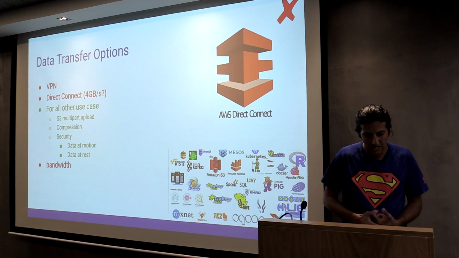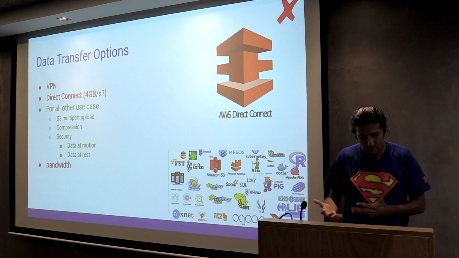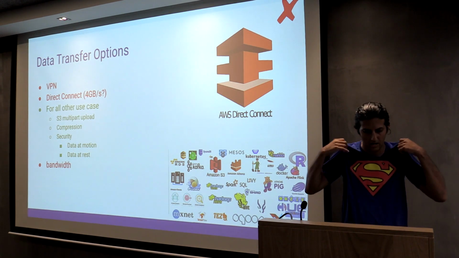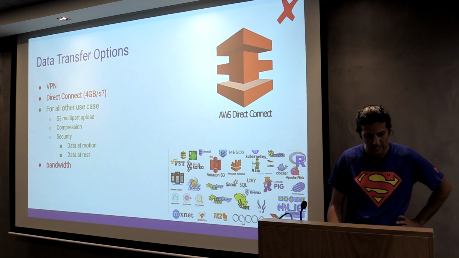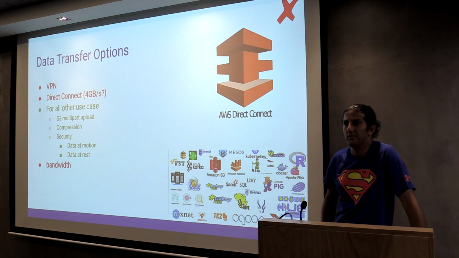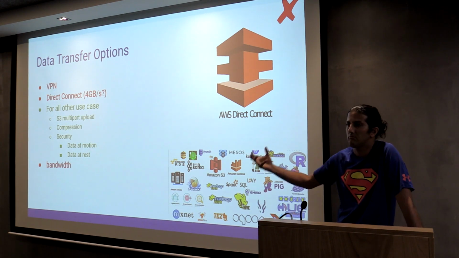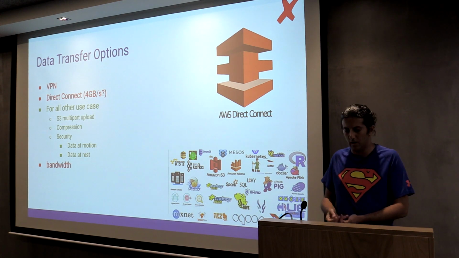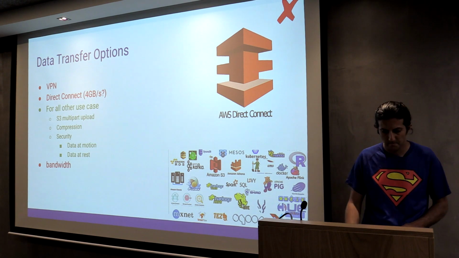So for our intended purposes, S3 was good enough simply because of the security and the ability to transfer data easily. Bandwidth was a huge problem for us because of the velocity. We had to make sure the customer has enough bandwidth that matches the use case we're trying to implement together.